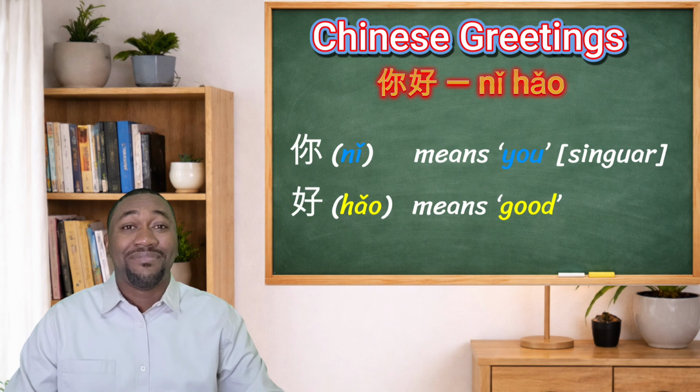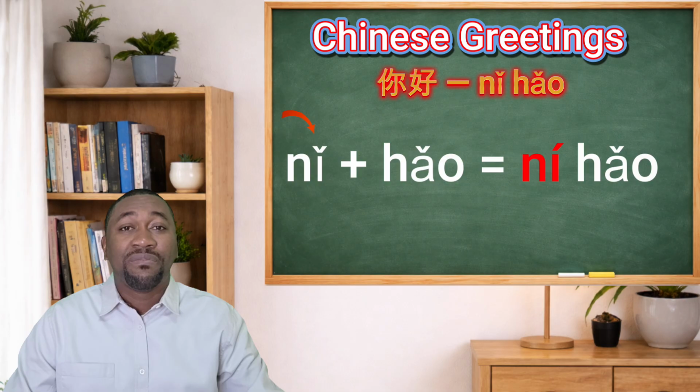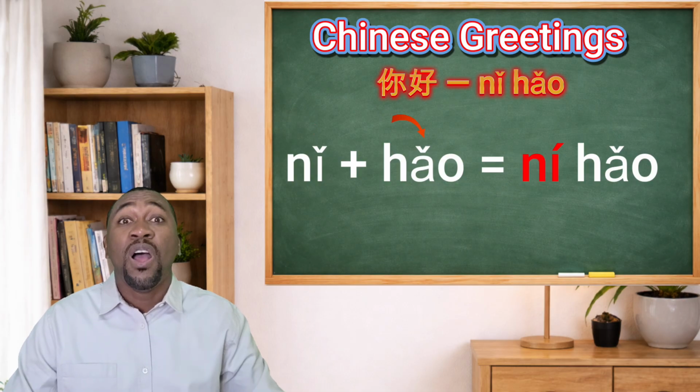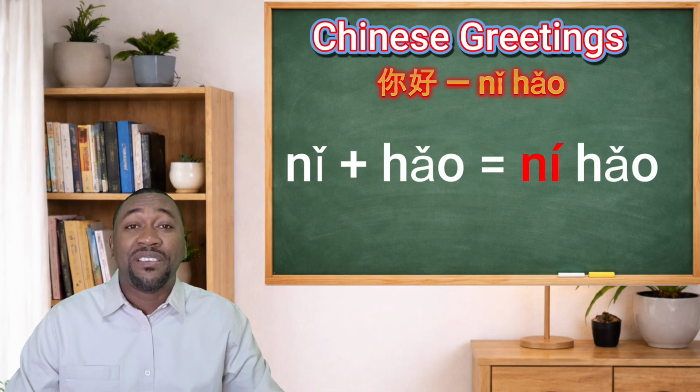Very good. Now you will notice ni carries the third tone and hao also carries the third tone. When two third tones come together, the first one sounds like the second tone in natural speech.